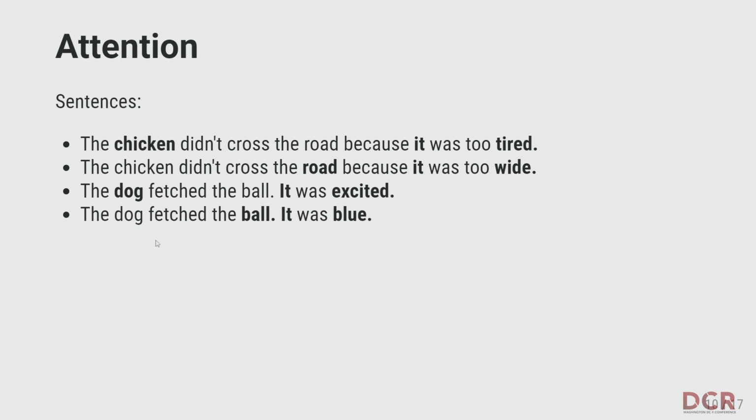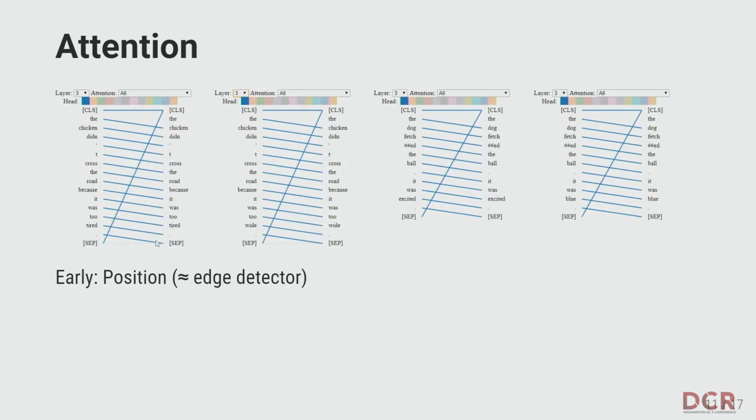As a human, we can read this and say, oh yeah, it's the chicken, it's the road, it's the dog, it's the ball. Across all those sentences, layer 3, head 1 is doing the same thing. It's saying, hey, look at the next word.